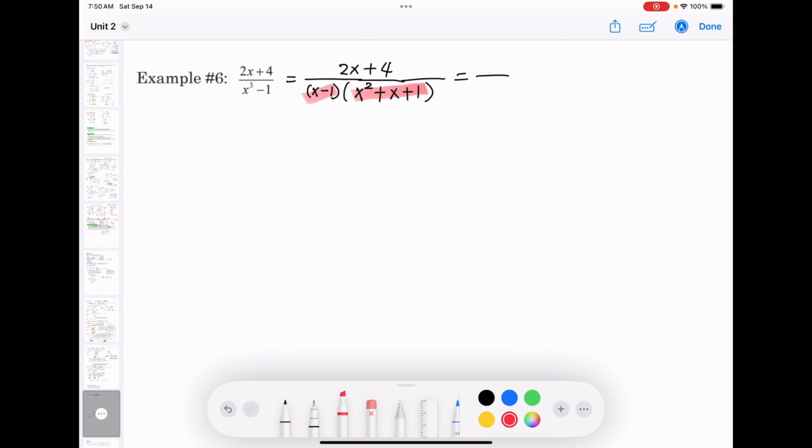So let's separate the 2 factors. X minus 1. Since the bottom is linear, the top is a constant number, a, plus the second factor, x squared plus x plus 1.